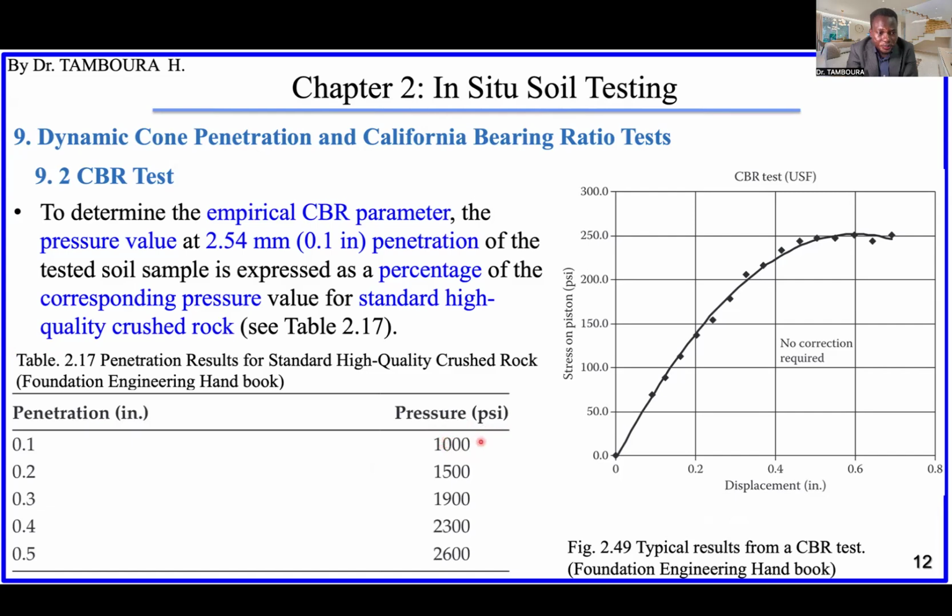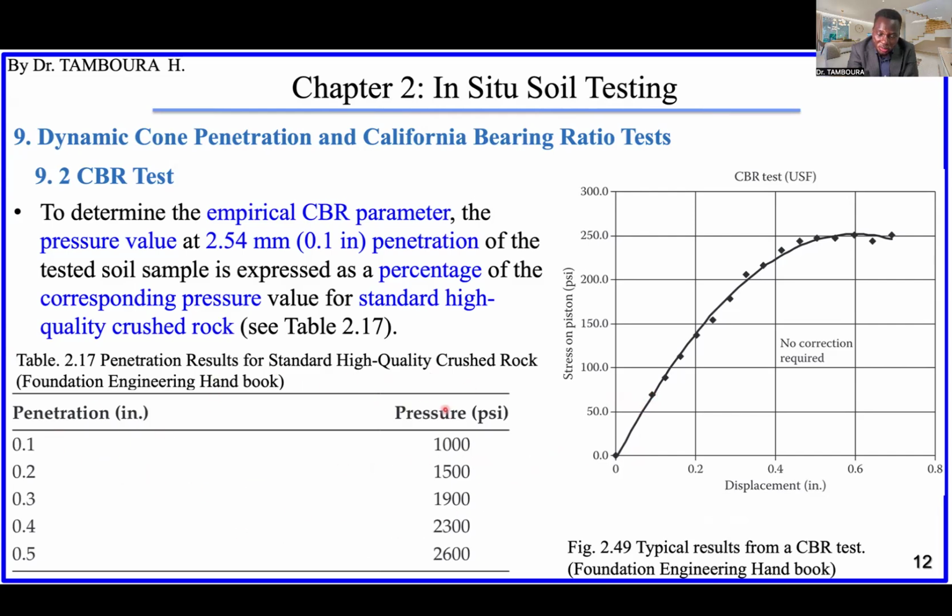It's easy. So it means you can now get the percentage because you know the pressure corresponding for this one. For your soil sample, it is around 70. But this is the standard.